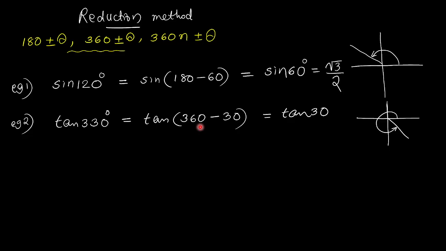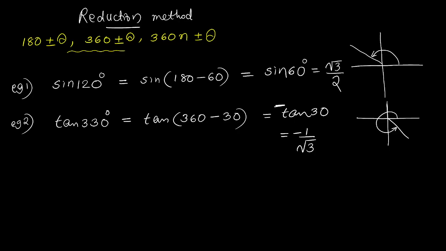So tan of the fourth quadrant is a negative number, so I must put a negative sign. Then this tan 30 we studied already, minus 1 by root 3. Okay, all of you clear? Deva, Aryan, Fadil, Shivani, all of you clear? Yes, sir.